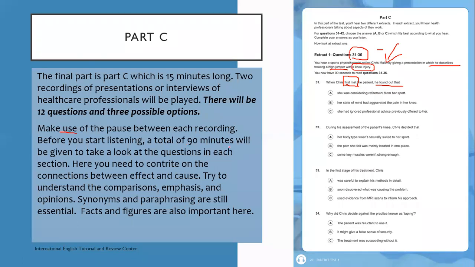You will be given 90 seconds to take a look at the questions in each section. You need to concentrate on the connection between effect and cause and try to understand comparison, emphasis, and opinions. Synonyms and paraphrasing are still essential in this part.